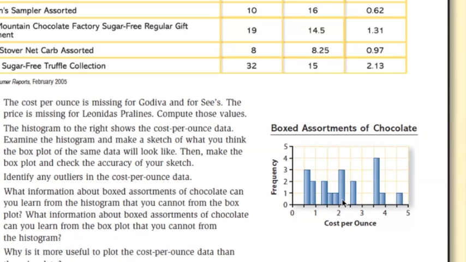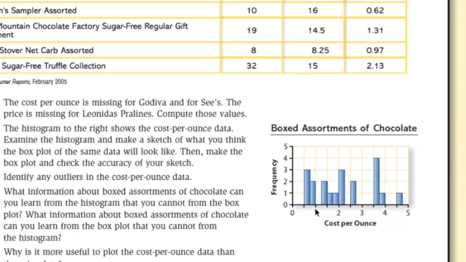Next, I need to find the first quartile. I know that there's 20 total items, so the first half contains 10, so I need to find what's halfway in between the 5th and 6th values. Looking back here, I've got 3 plus 2 in the first 2 towers, that's 5, and then the 6th value is over here.